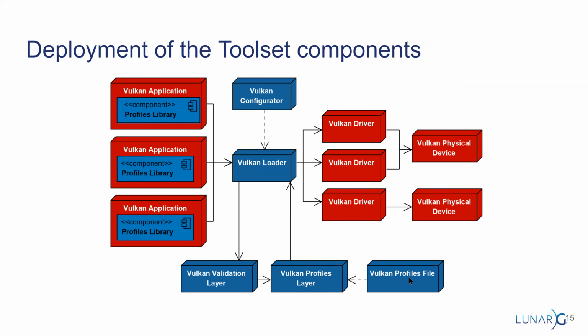For this, it uses the Vulkan profile file, but these values will be checked against the validation layer that will notice when you are using a feature you're not supposed to use. So it's really the validation layer that will report errors. Of course, the layers are loaded by the Vulkan loader and configured by the Vulkan configurator.